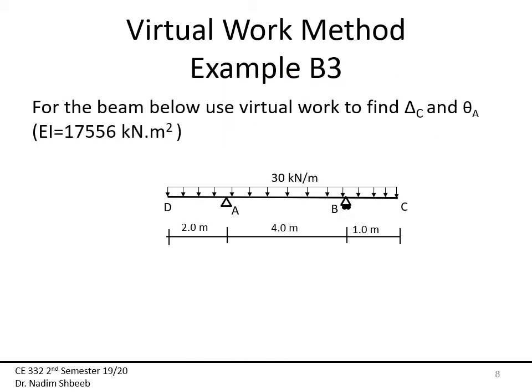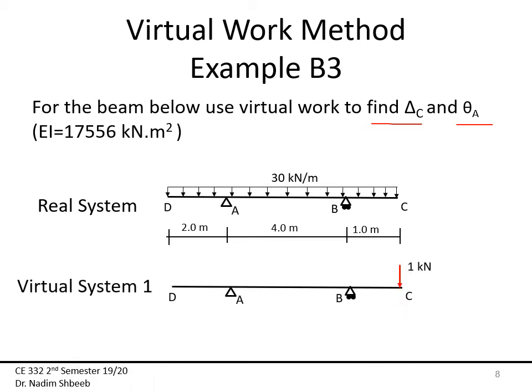Now here I'm going to use a little bit more involved example, and here I want you again to use the virtual work. I want you to find delta C and theta A. So again, this is now my real system. Since I need delta C and theta A, I need two virtual systems.